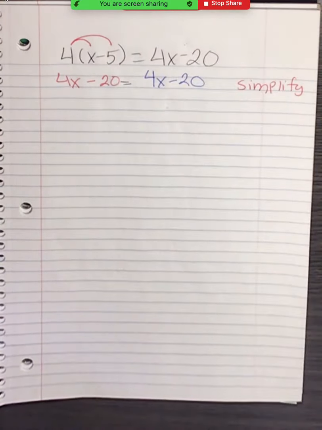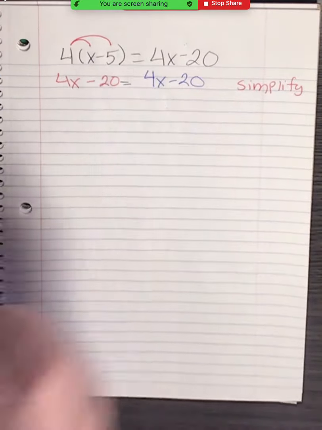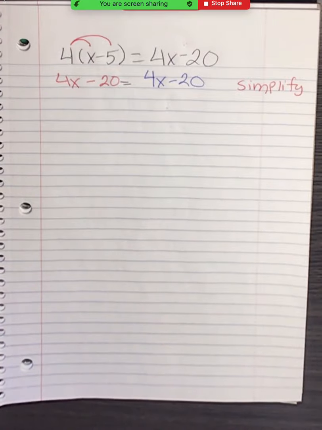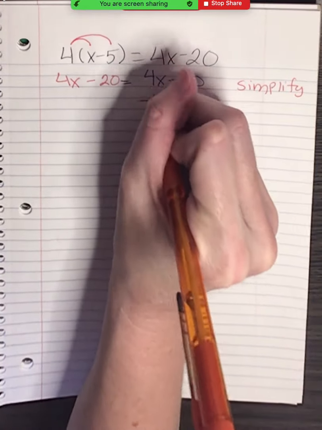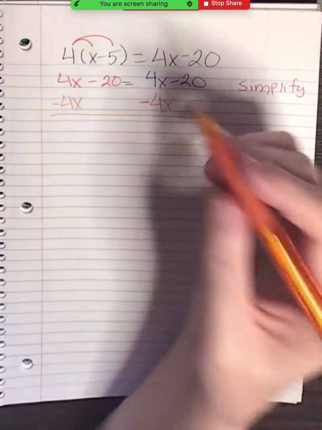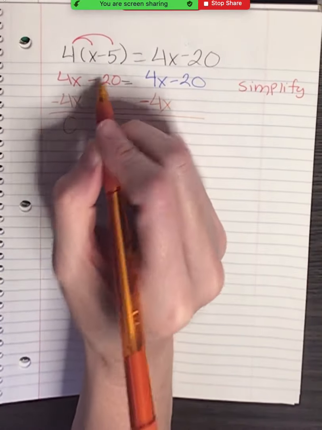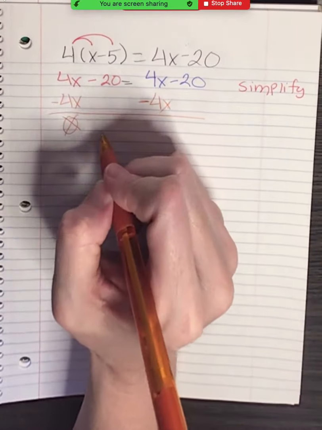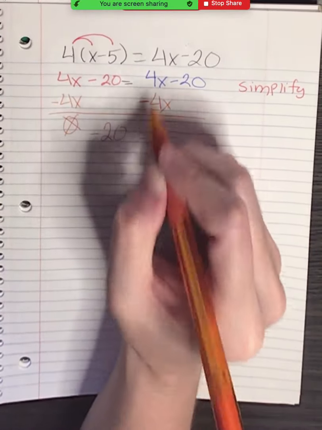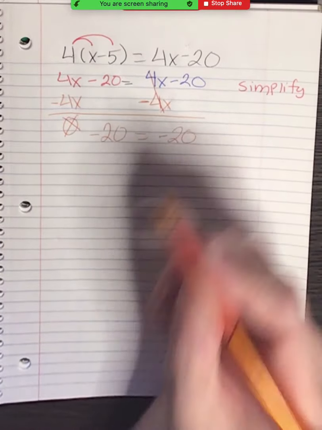Okay, then I start saying, well, let me start solving. So I need to get x by itself. So I'm going to subtract 4x from both sides, because I'm going to put the x's together. So 4x minus 4x is 0. Okay, and that's just minus 20. 4x minus 4x, again, cancels, and that's minus 20.